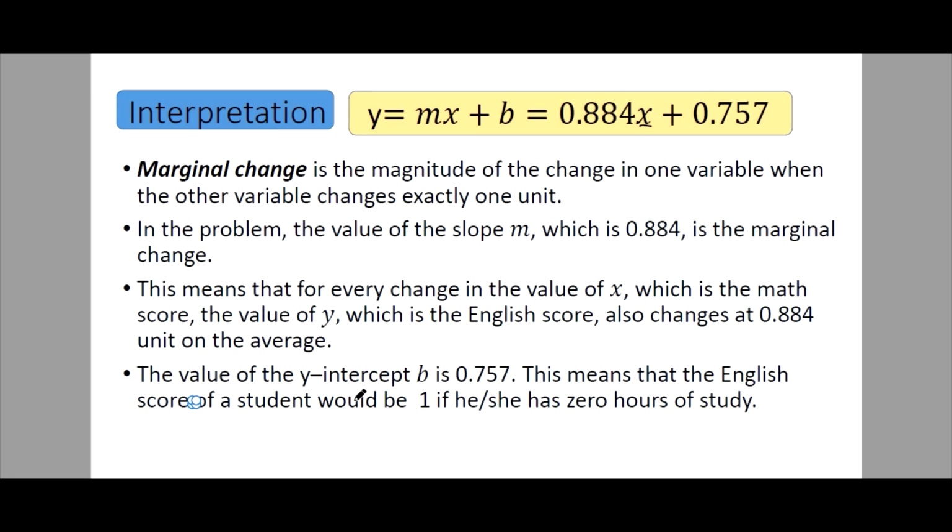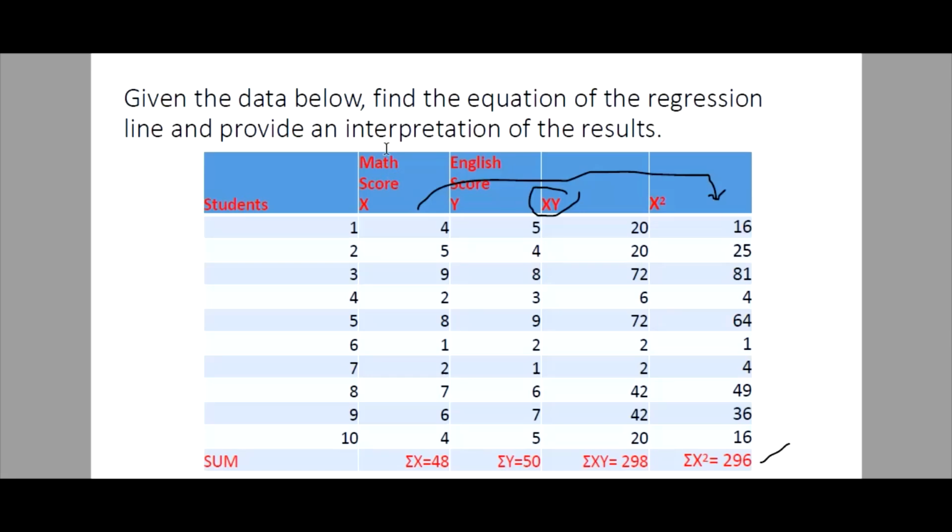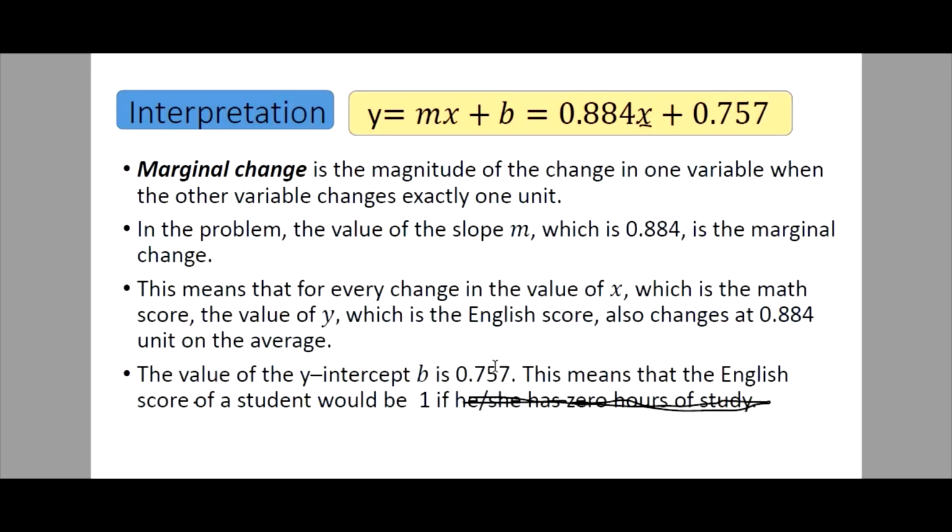So this means the English score of the student would be 1 if his score in mathematics is 0. Because if x is 0, we only have 0.757. So he can score a point in English.